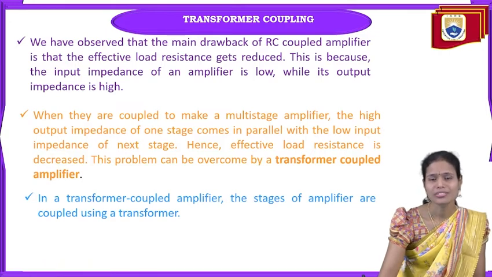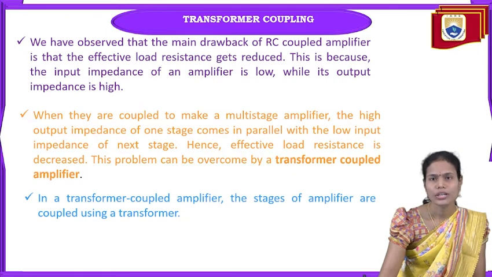But in order to get faithful amplification from the amplifier circuit, the input impedance should be high and the output impedance should be low. But because of the effective load resistance reduction problem, in the case of RC coupled amplifier, the input resistance is decreasing and the output resistance is increasing.